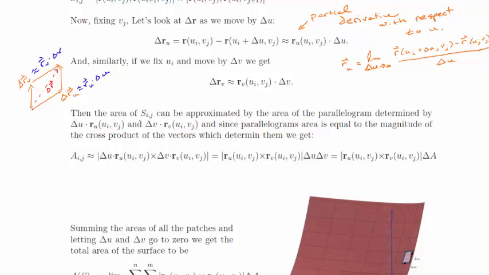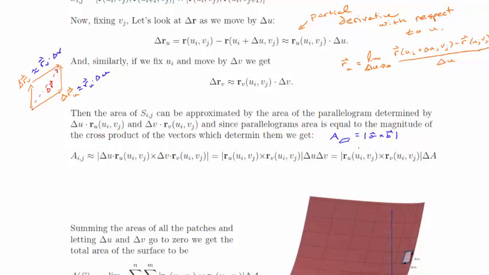So that's what we're saying when I say that the area of S sub i,j can be approximated by the area of the parallelogram determined by delta u times r sub u and delta v times r sub v. And since the parallelogram's area is equal to the magnitude of the cross product of the vectors which determine them, we get, right? So that's just to remind us that the area of a parallelogram equals the magnitude of the cross product of the vectors that determine that parallelogram.